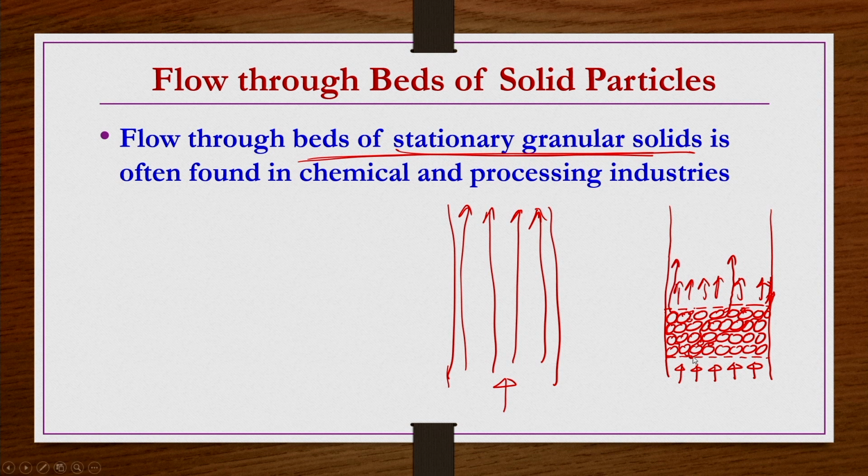So it may take any path depending on the resistance offered by the neighboring particles, and depending on their size and shape. If the packing length is L, it is possible that fluid elements travel more than this distance L because of this tortuous path. Okay, so that is one thing.